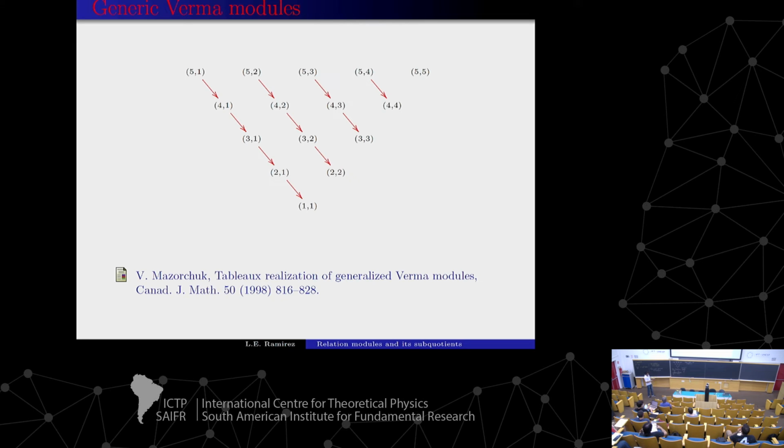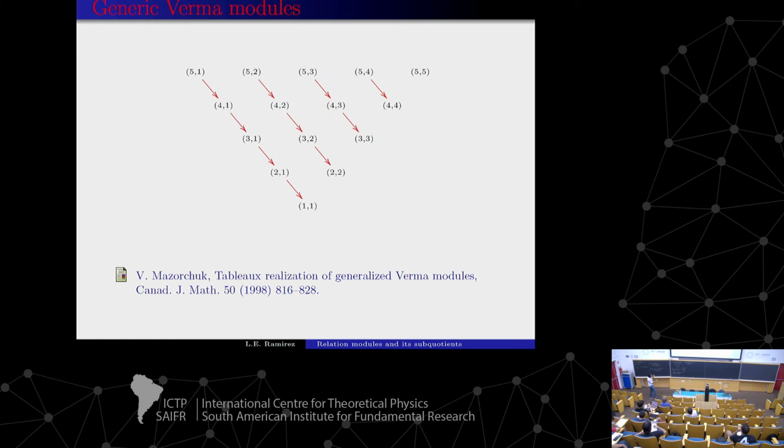Okay, so also you can construct certain Verma models. Some Verma models can be described in this way by the set of relations with the graph associated given by this. So this is the graph, and they are generic Verma models.